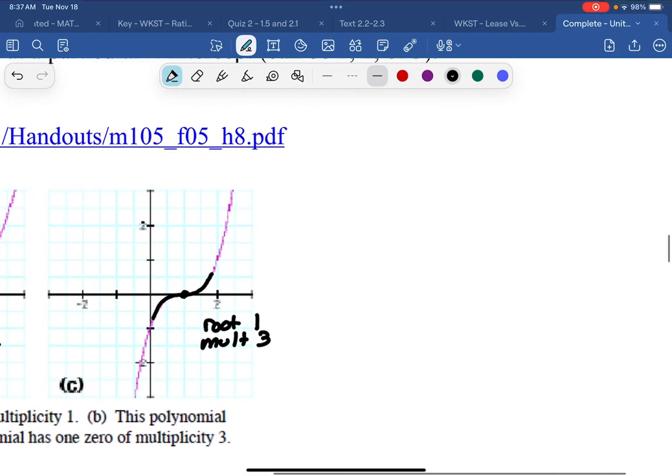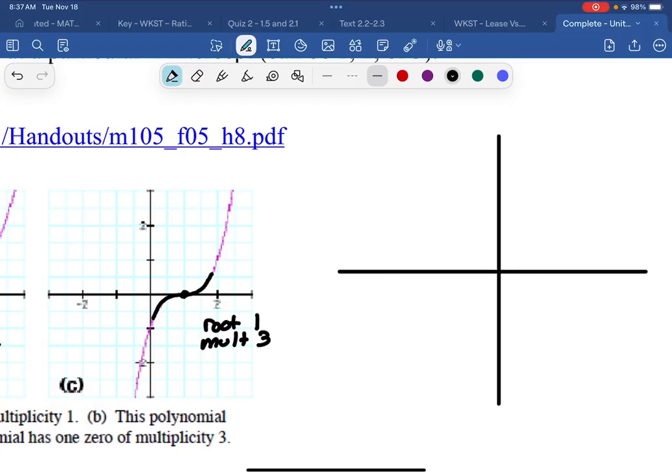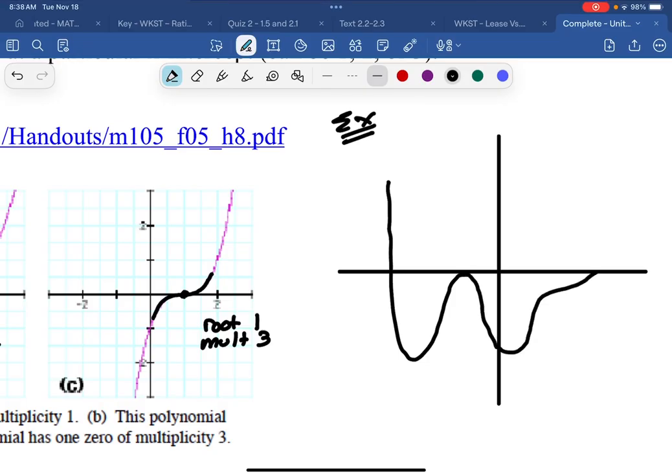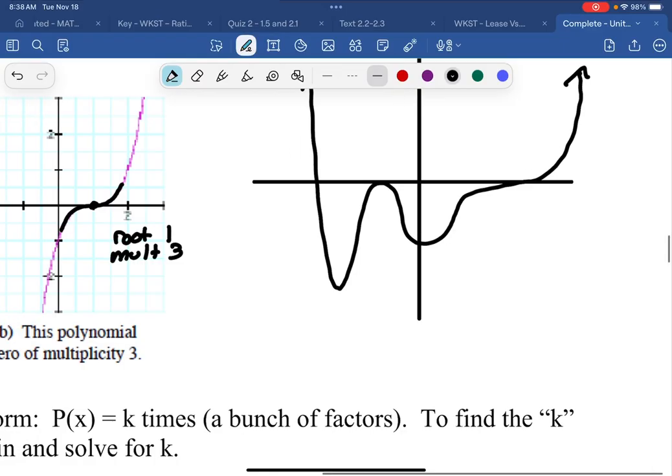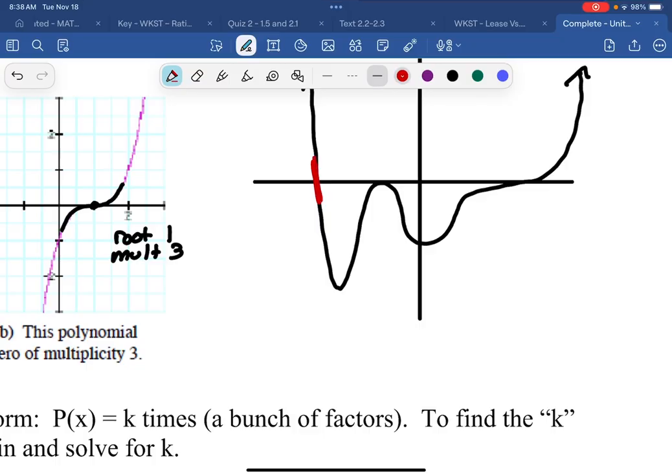All right, let me just give you a quick side example here. So let's say we're looking at something that looks like this. It's probably as good as it's going to get. So at this location here, it's behaving like a line.